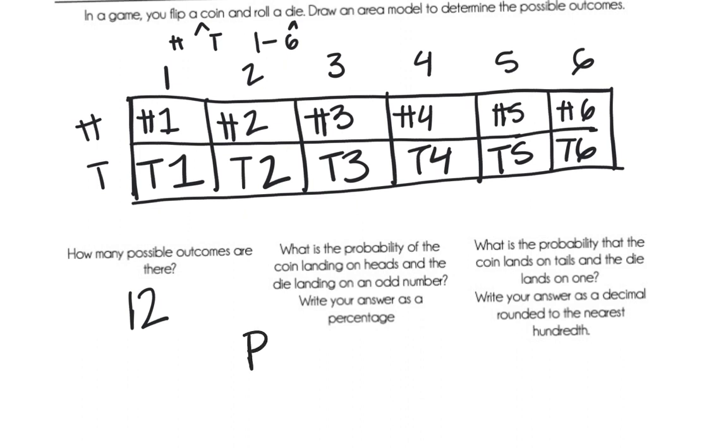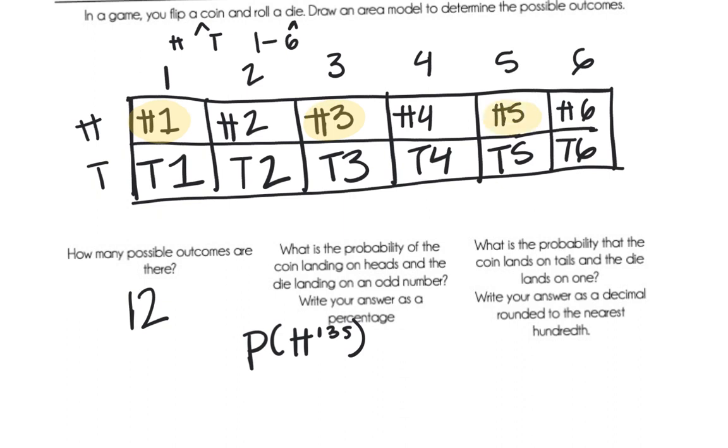The probability of the coin landing on heads and an odd number, so that's 1, 2, or 3. Oh, no, 1, 3, or 5. So here's heads with an odd number.